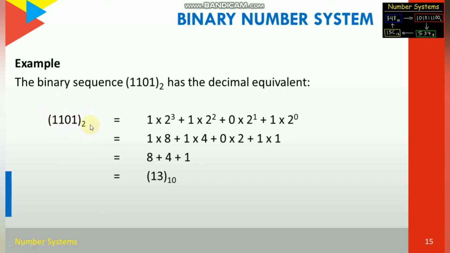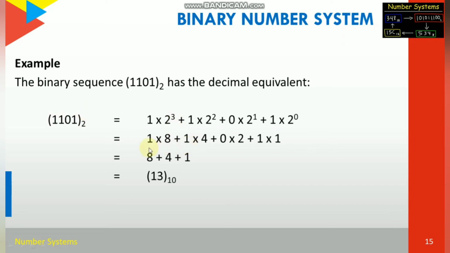Now we are going to convert this binary number to a decimal number. Again start from right to left with its positional weight. So 1 into 2 to the power 0 plus 0 into 2 to the power 1 plus 1 into 2 to the power 2 plus 1 into 2 to the power 3.